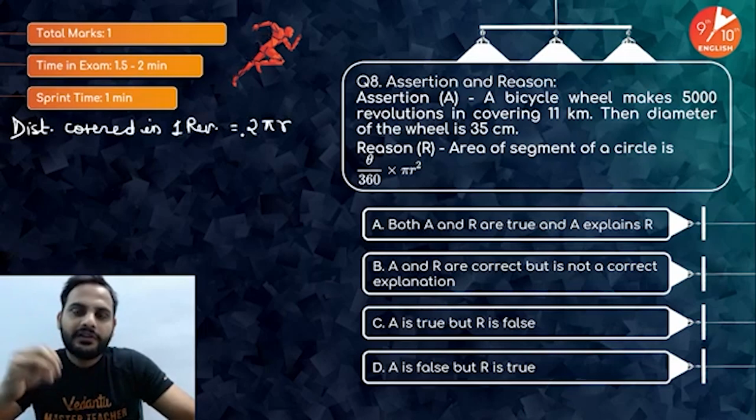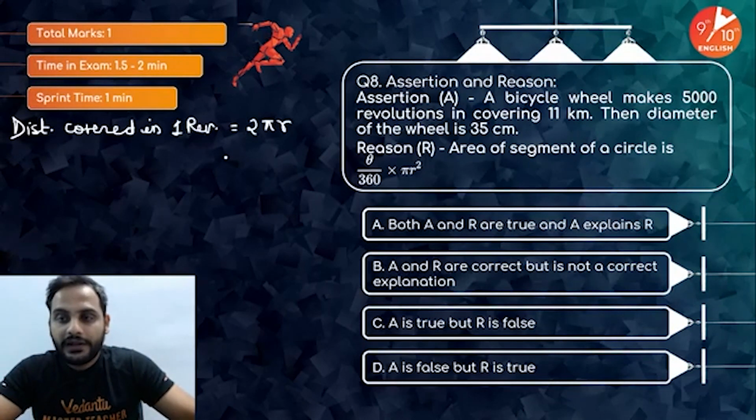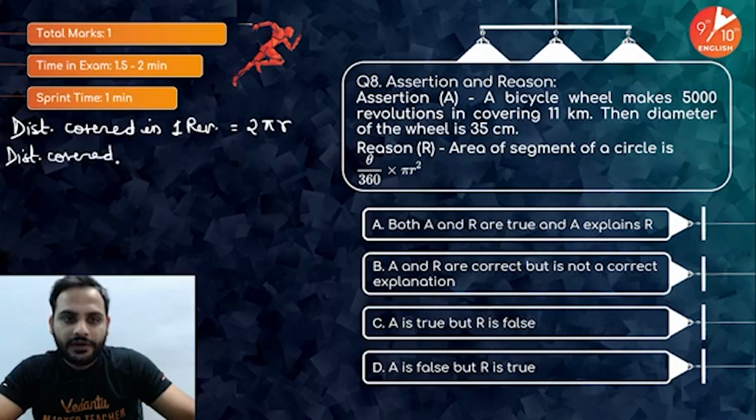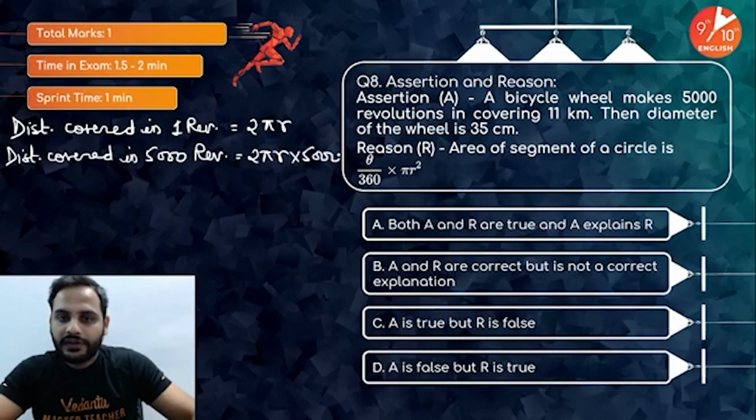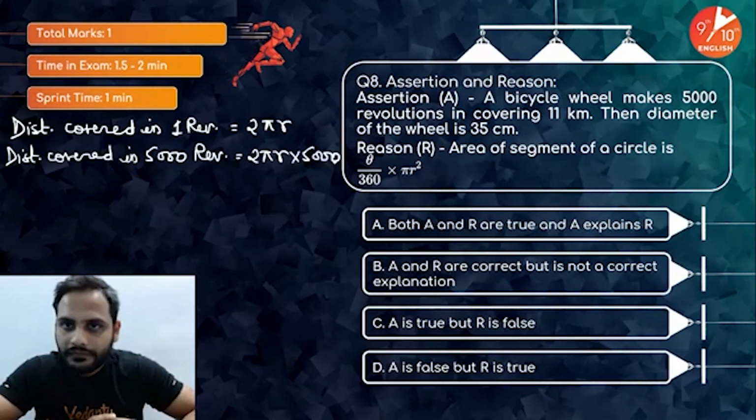Distance covered in one revolution is what? 2 pi r. So distance covered in 5,000 revolutions will be 2 pi r into 5,000.